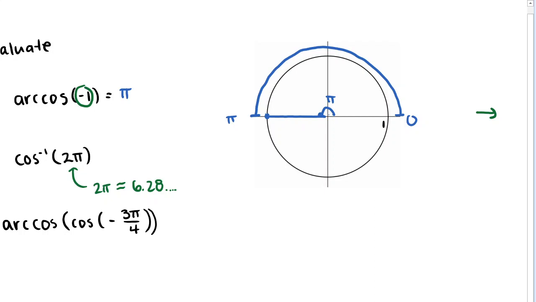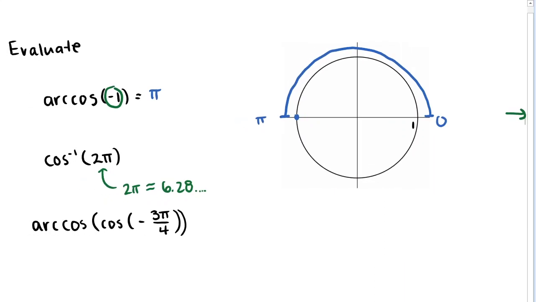And what angle gives us an x-coordinate of 6.28 on the unit circle? Well, there is no angle that does this job. There's no such angle which gives us an x-coordinate of 2 pi. And so here, this is undefined or does not exist. There's no reasonable real number angle that does this job.